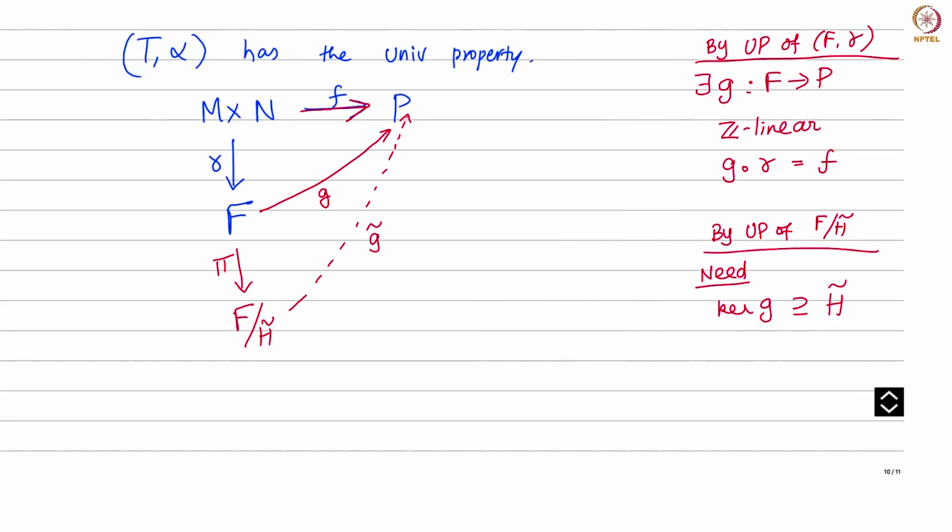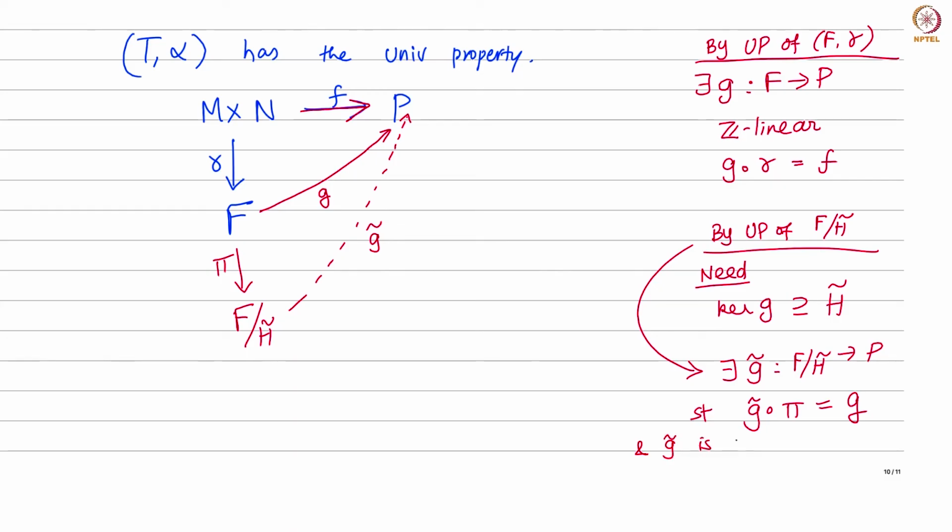Now, you have to check the other two kinds of generators similarly. So by the universal property of the quotient, we conclude that there exists a map G tilde from F mod H tilde to P such that it's again a Z linear map. There exists a G tilde and G tilde is Z linear.